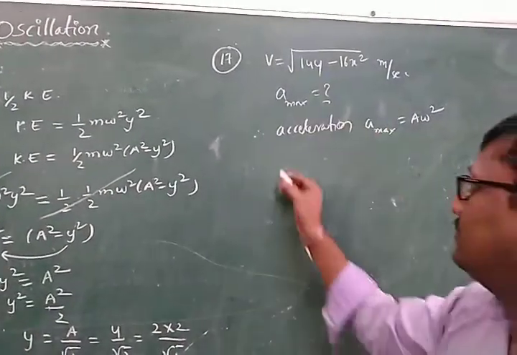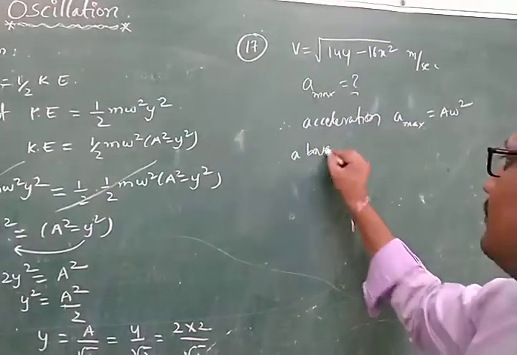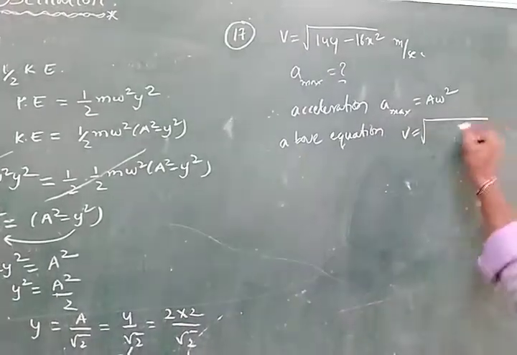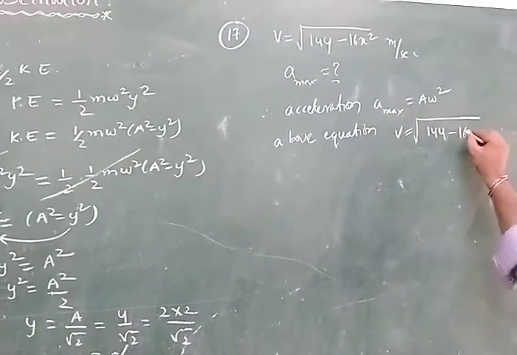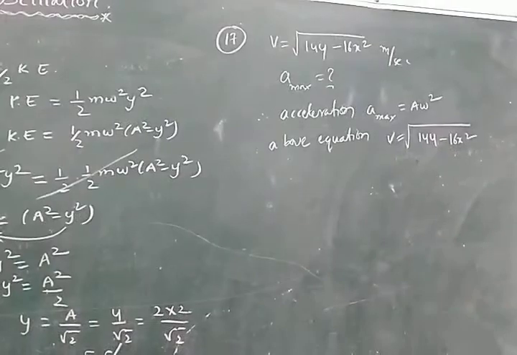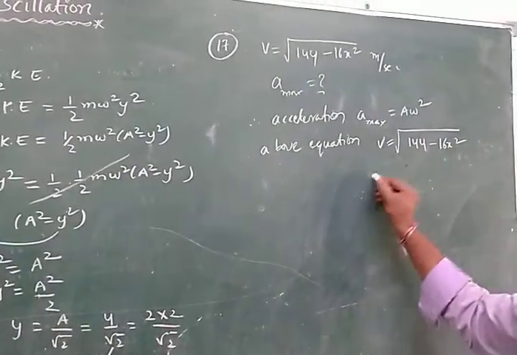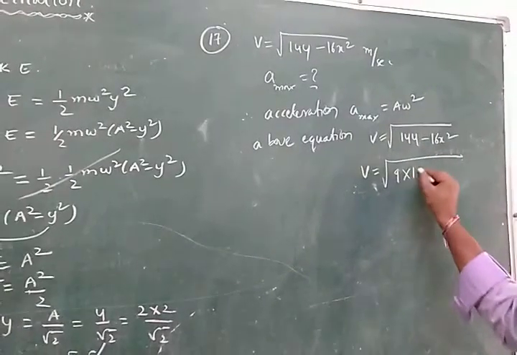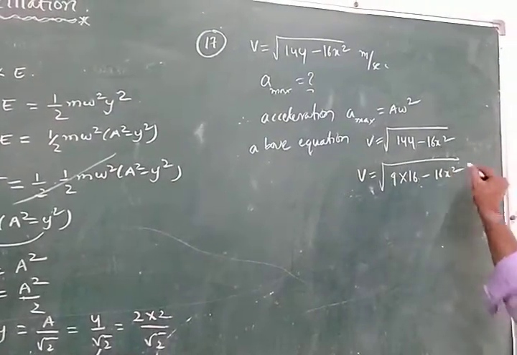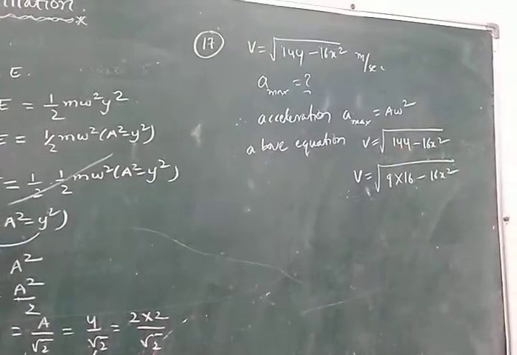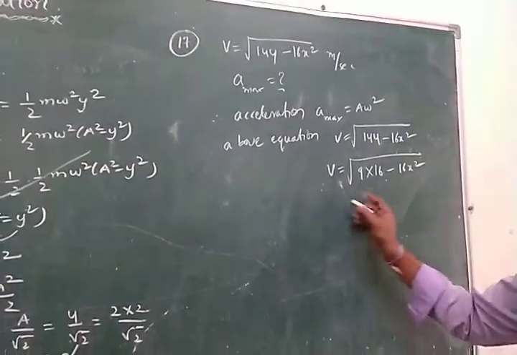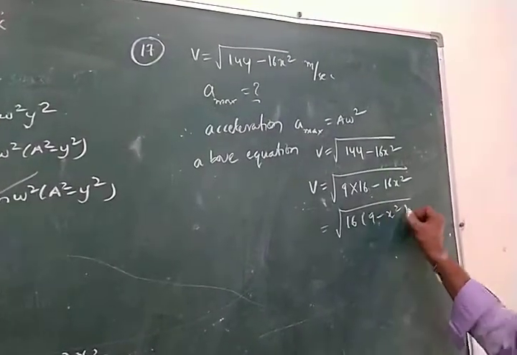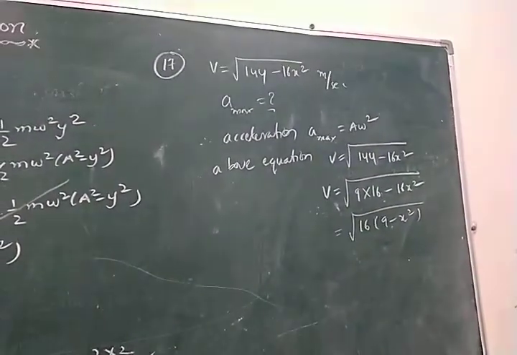Now the above equation, v is equal to the square root of 144 minus 16x square. We can write 144 as 9 into 16, minus 16x square. Taking 16 common, we get 9 minus x square.